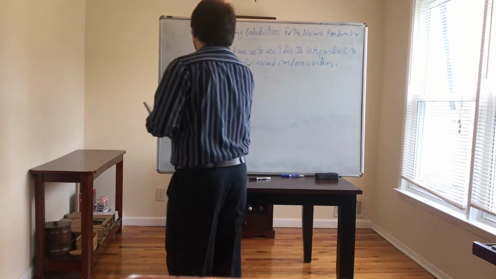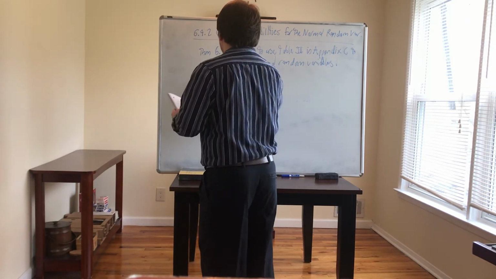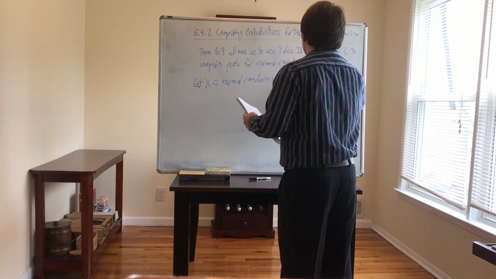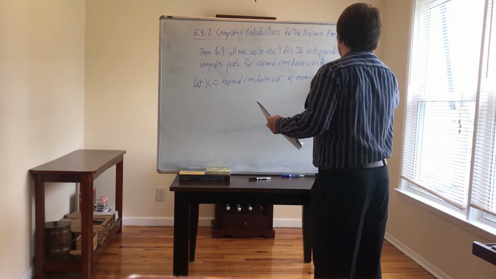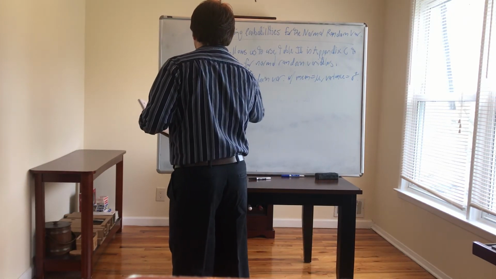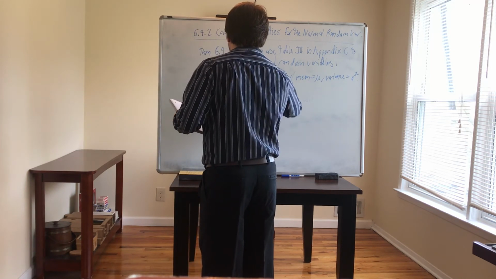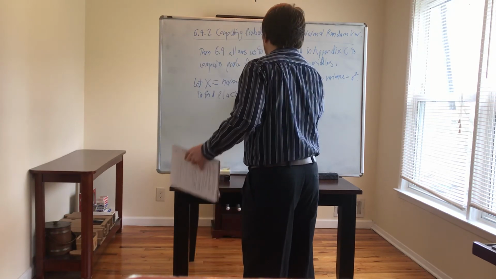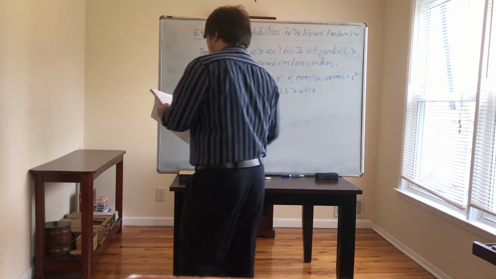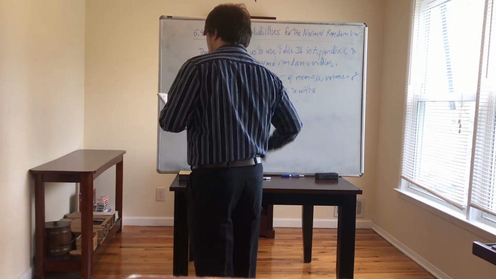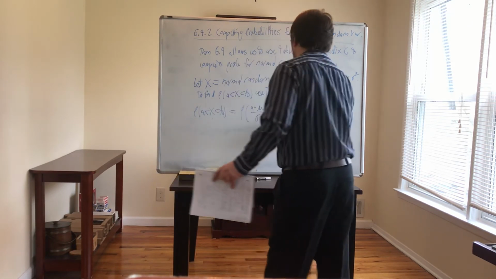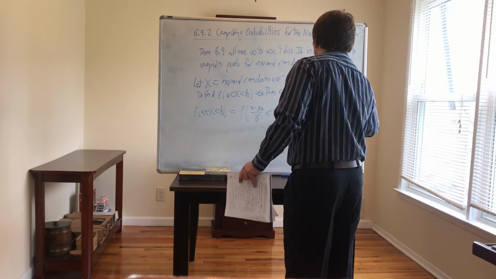Okay, so if we let x equal a normal random variable with mean equal to mu and variance equal to sigma squared, to find the probability that a is less than x less than b, use theorem 6.8 to write the probability that a is less than x less than b is equal to the probability that a minus mu over sigma is less than x minus mu over sigma, which is less than b minus mu over sigma.